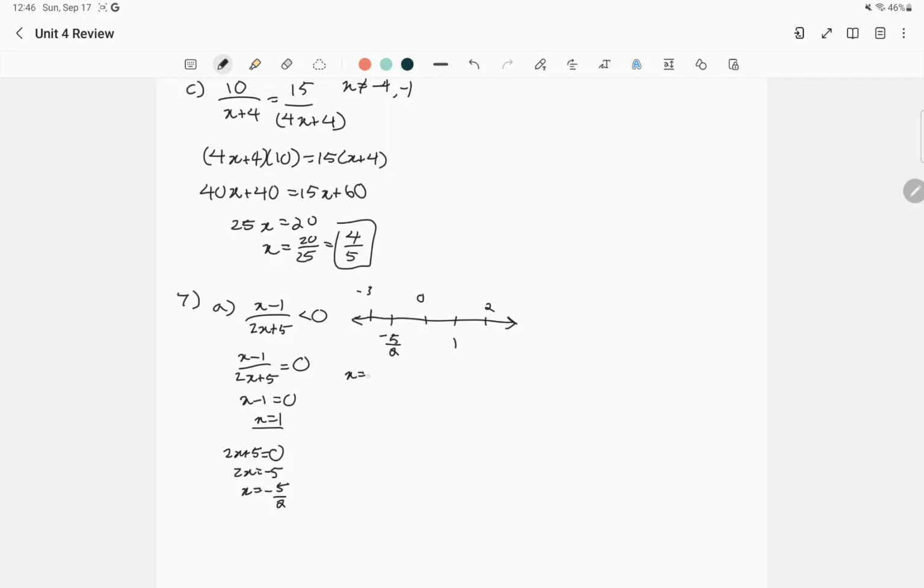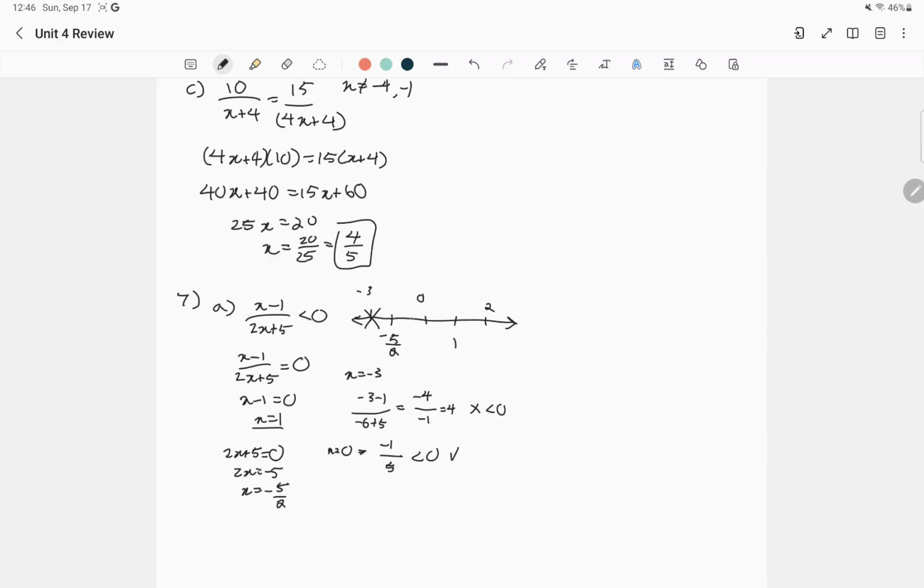The first point we should probably test is like negative 3. Then we have a 0 in there and a 2. So x equals negative 3. We're going to have negative 3 minus 1 over negative 6 plus 5, which is equal to negative 4 over negative 1, which is equal to 4. And that is not less than 0, so we know that this doesn't work. What if we try 0? We're going to get negative 1 over 5, which is indeed less than 0.